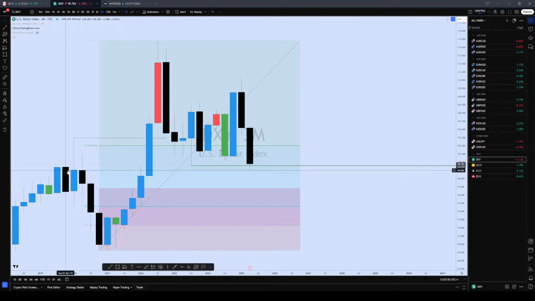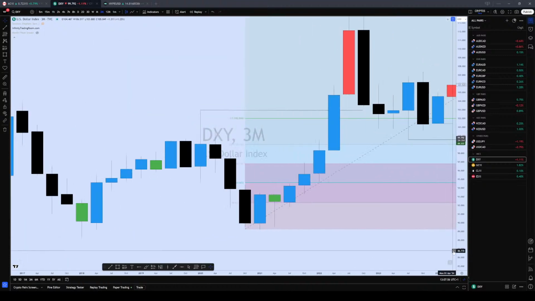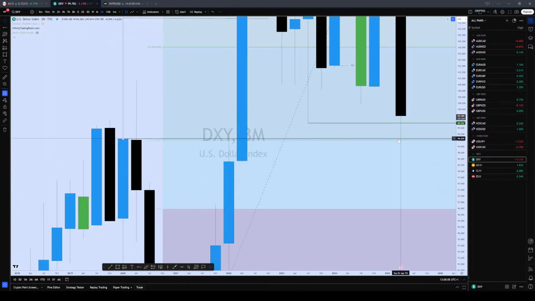That's the breaker, the last up candle prior to the move down. The closing price, let me zoom in. Okay, that's the closing price, and that's where price is reacting off from.